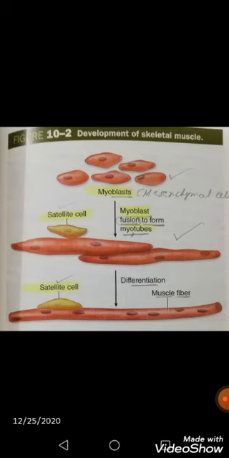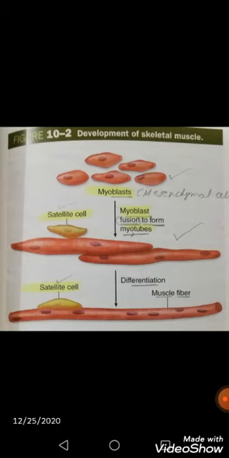So when the fusion of these myoblasts occurs, the centrally located nuclei then take their place in the peripheral region, and so many nuclei now appear inside a cell which is very much elongated. And another thing you can see here is that a few myoblast cells do not actually fuse but rather remain as a group of individual mesenchymal cells, now called satellite cells, and you find them on the outer or external surface of your muscle fibers.